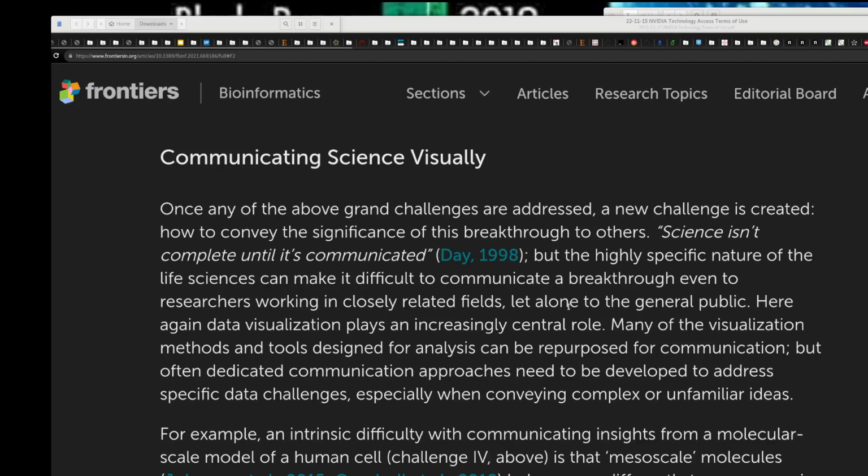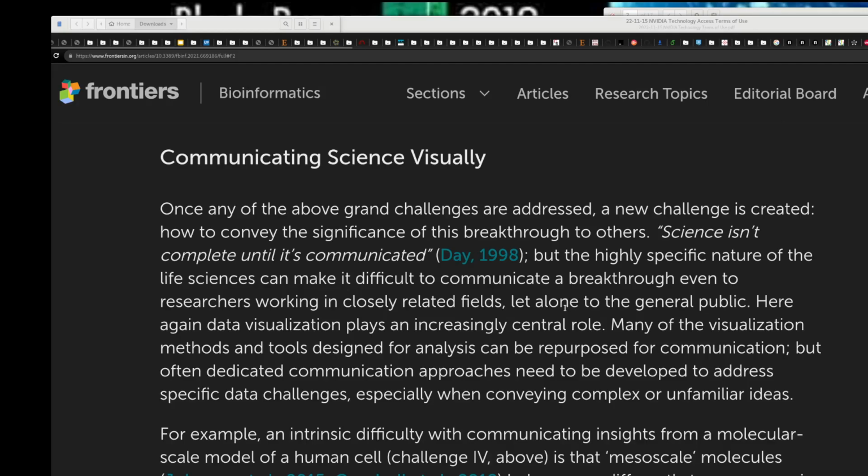Here again, data visualization plays an increasingly central role. Many of the visualization methods and tools designed for analysis can be repurposed for communication, but often dedicated communication approaches need to be developed to address specific data challenges, especially when conveying complex or unfamiliar ideas.